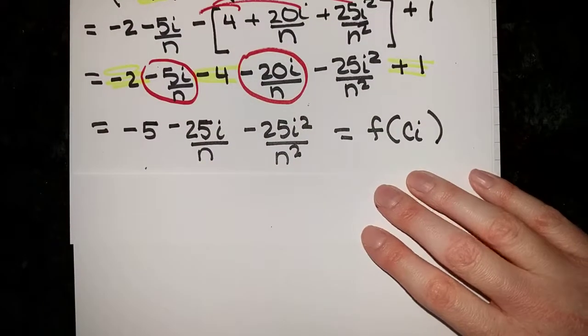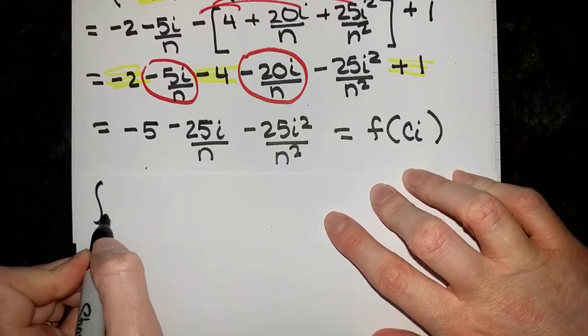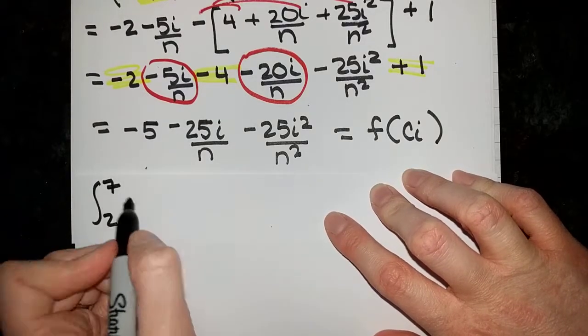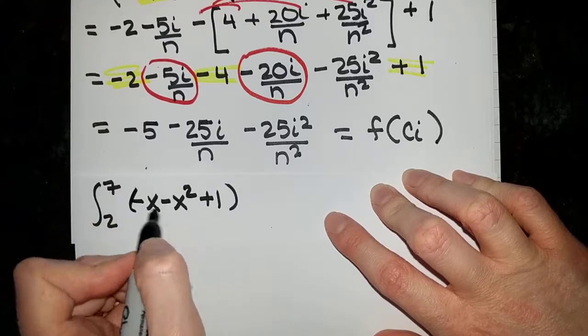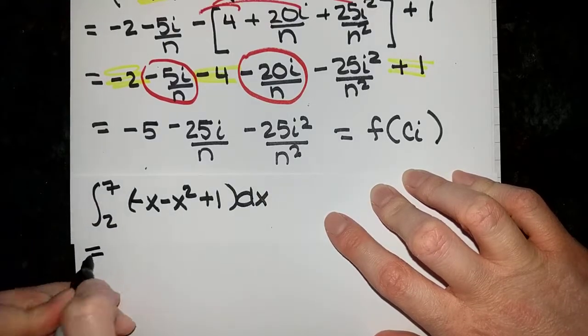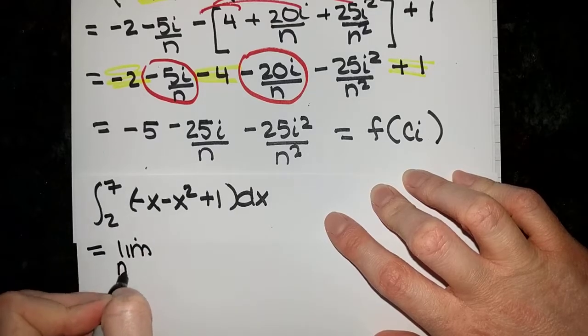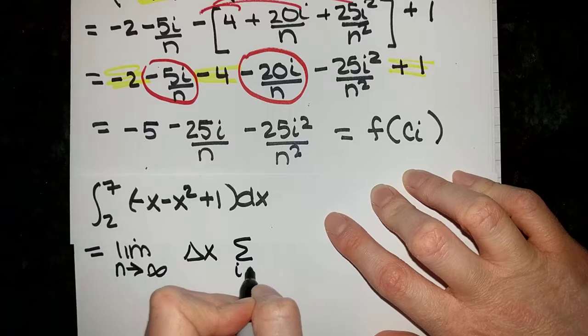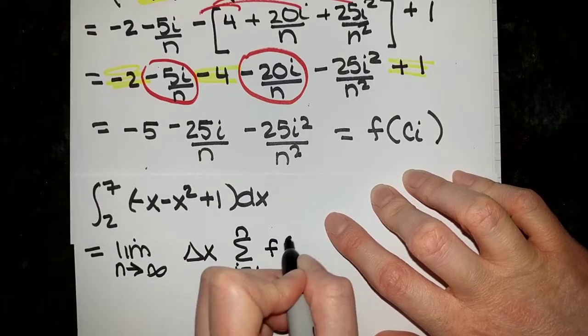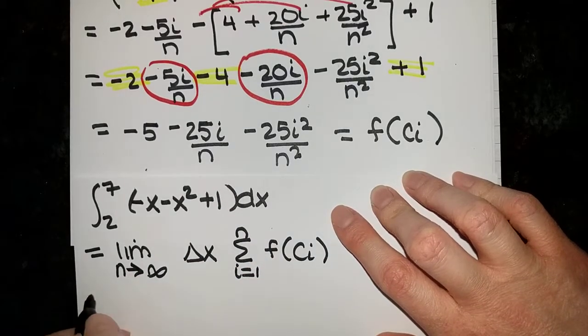All right, so plugging it into your definite integral, you're going to have the definite integral from 2 to 7 of f of x, so negative x minus x squared plus 1 dx, is equal to the limit of your Riemann sum. So the limit as n goes to infinity of delta x times the sum from i equals 1 to n of f of ci.